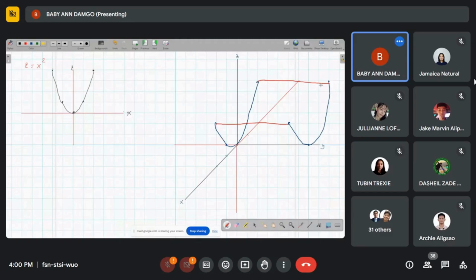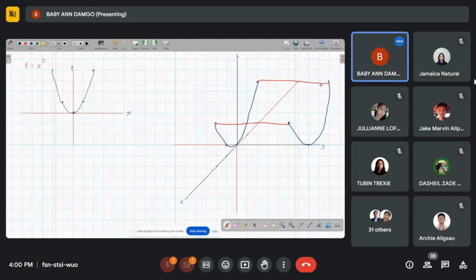So, we multiply both sides by 1 over 16. So, we have y squared over 16 plus z squared over 4 is equal to 1.